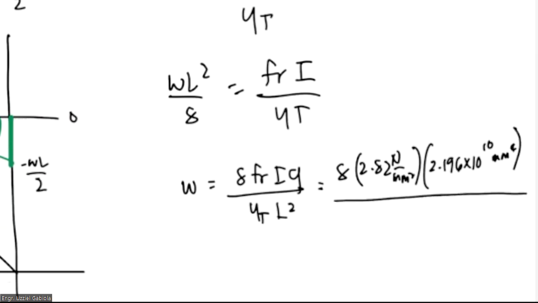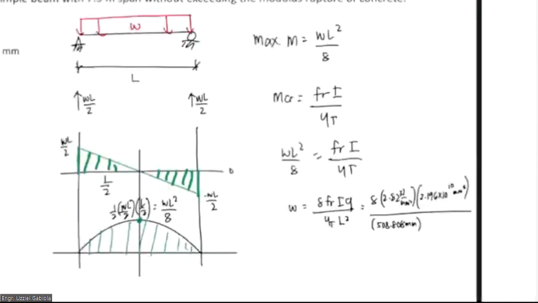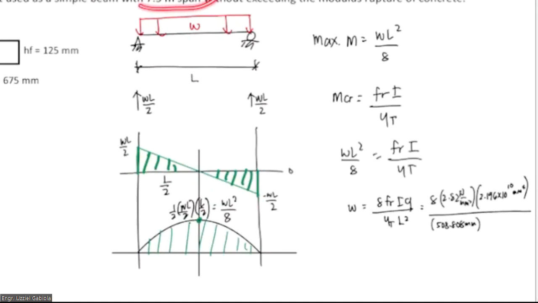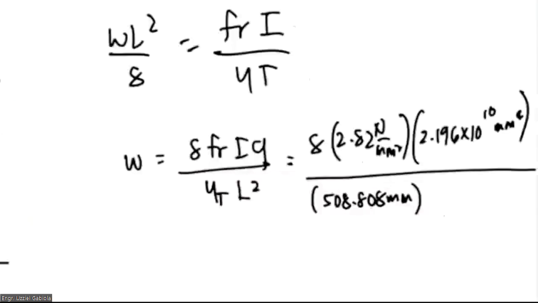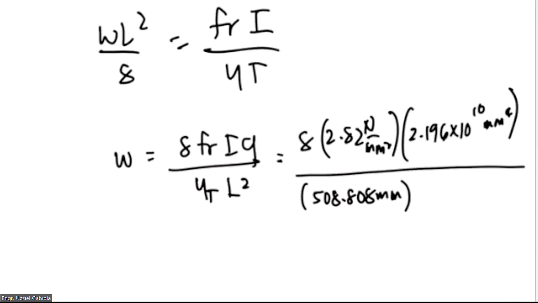For Y bottom, we have 508.808 mm. And for the length, it's given that it has a span of 7.5 meters, so we can put 7.5 times 10 to the 3 to make it mm, squared.